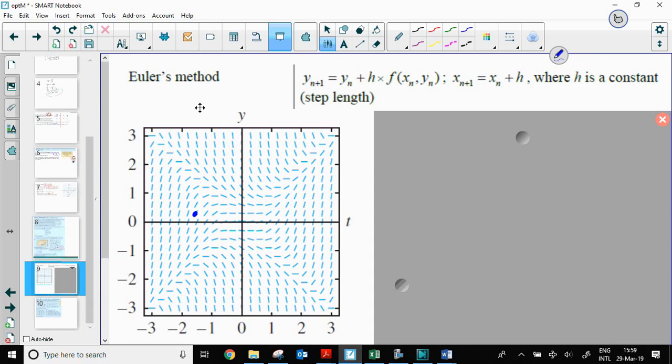And we could visually see it would go here, and then it would go kind of down this way, and it would end up like that. Okay, cool. Euler's method is a numerical approach to doing just that.